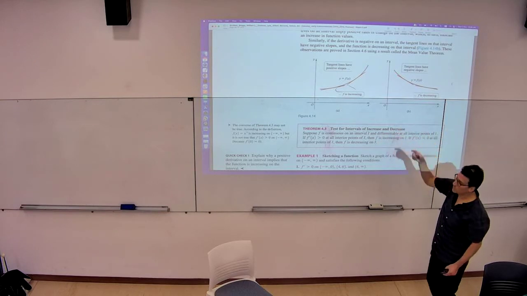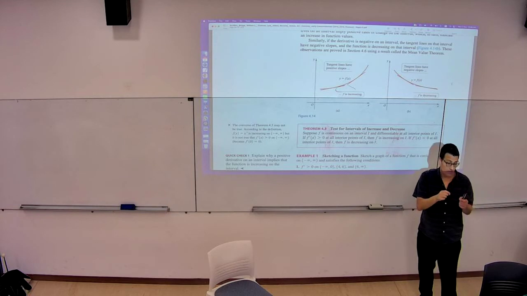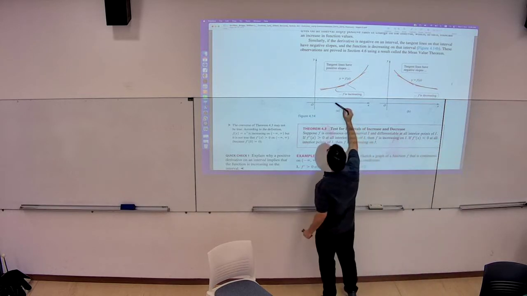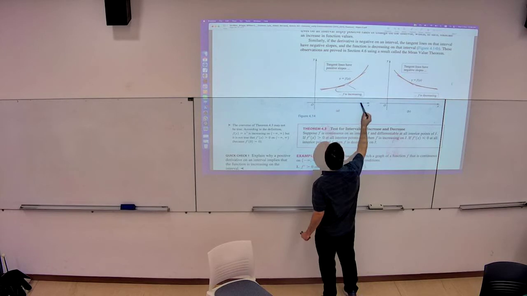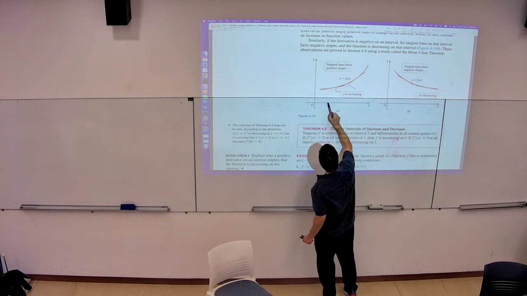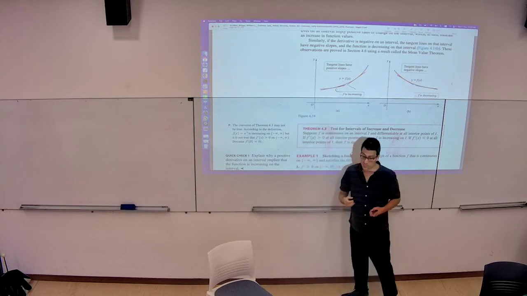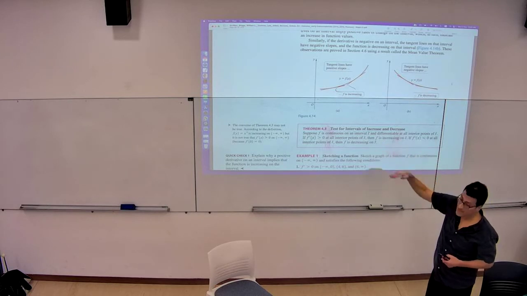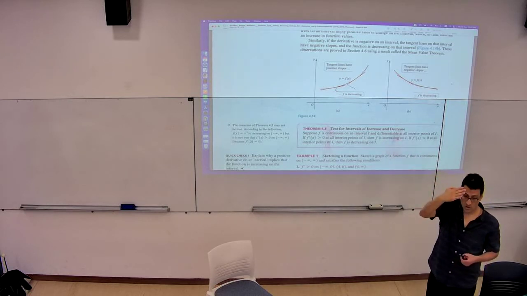If you go back to the definition, the derivative is the slope of the tangent line to the graph at any point, right? So if you check the slope for any point in this interval, where that piece of graph is depicted, fix any x there and compute the derivative. Well, you see that the tangent line has a positive slope.